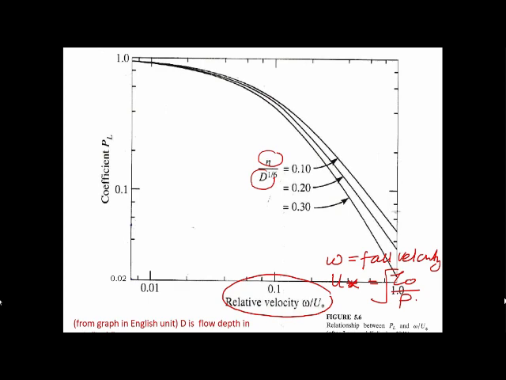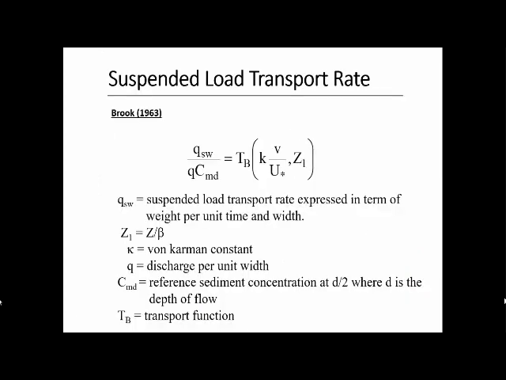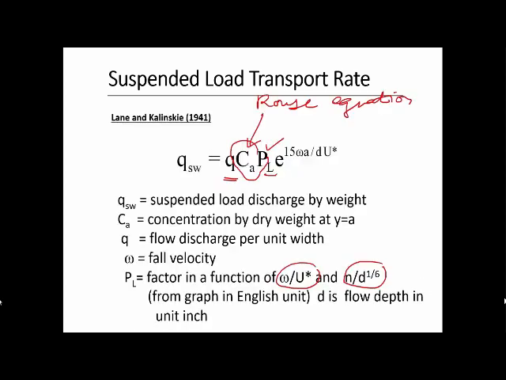So in order to use this diagram, your flow depth D must be in British units, so in inches, not in millimeters. Okay. So once you get these two parameters, you hit one of the lines, and then you will get the coefficient of PL.